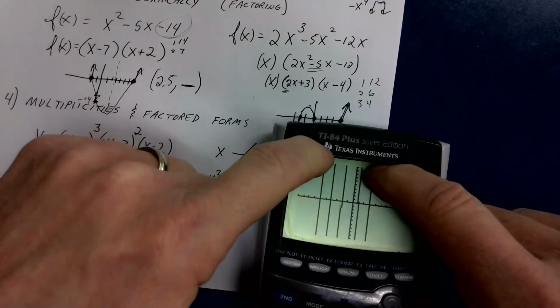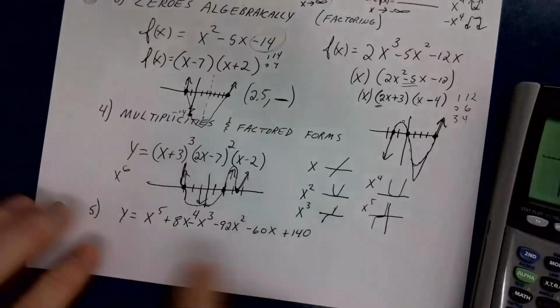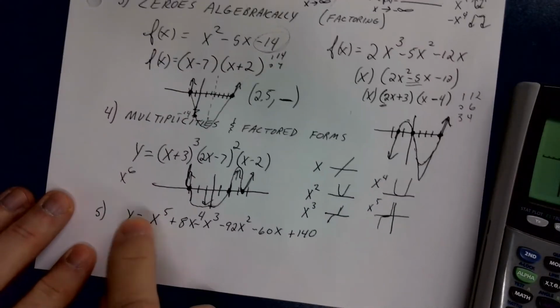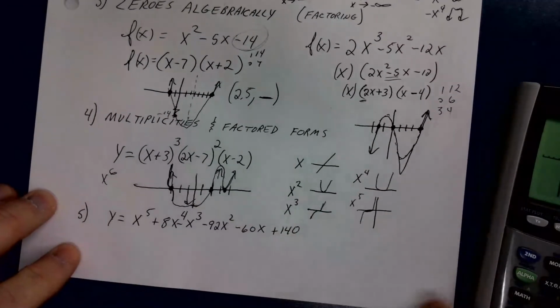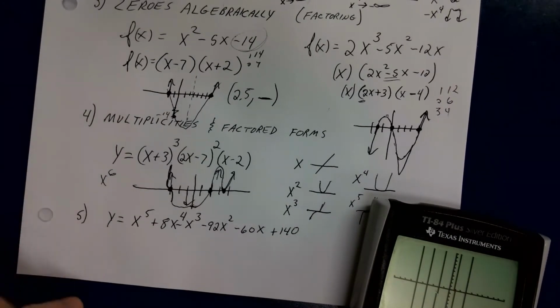So I don't know if they're coming from up, down, or down, up, or which way they're coming. But I do know, because this is an x to the 5th, and it's a positive leading coefficient, that this one's really going up here, going from down up, and this one's coming from down up that way. Okay, are you guys good?